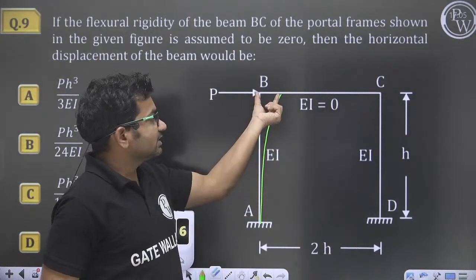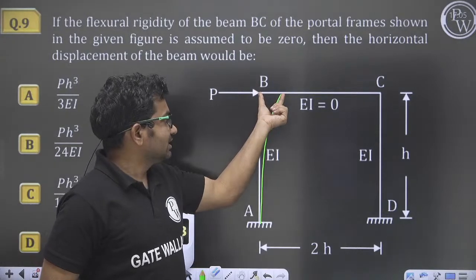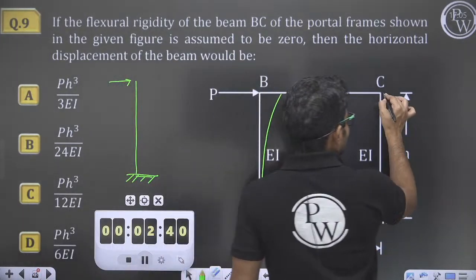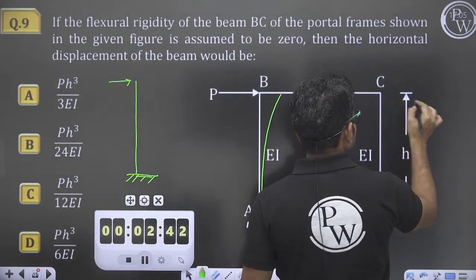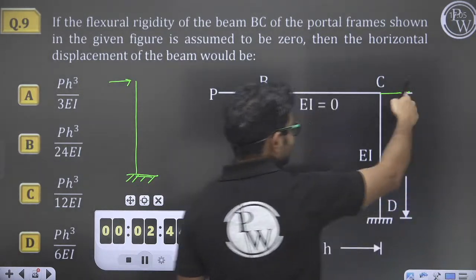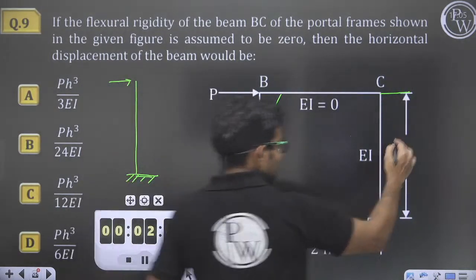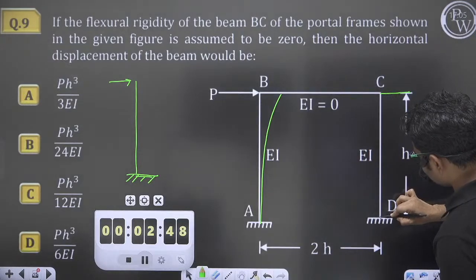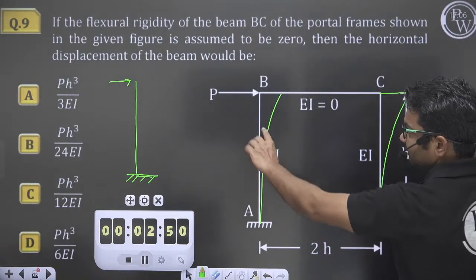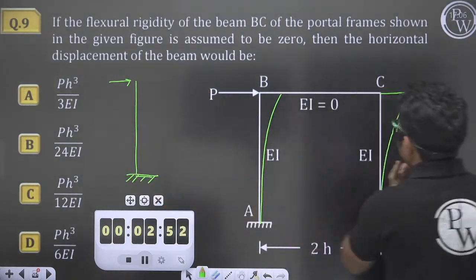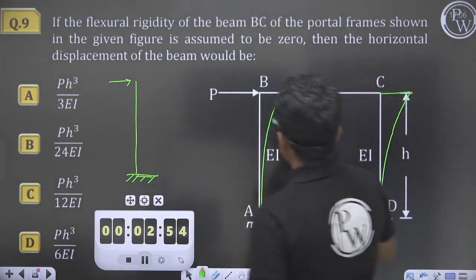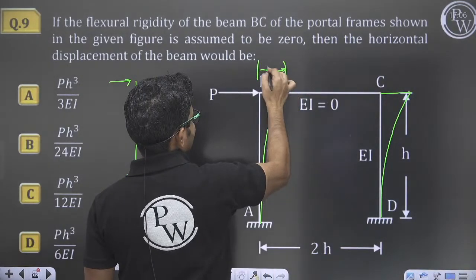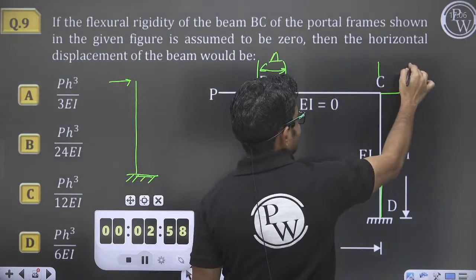So if this deflection is delta, then same deflection delta will be here also. And here the rotation is just like a free column, so this delta will be equal to this delta.